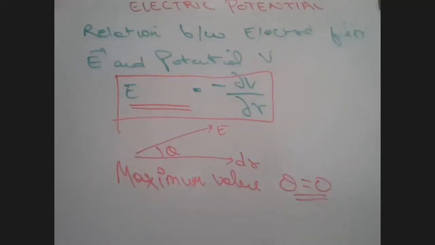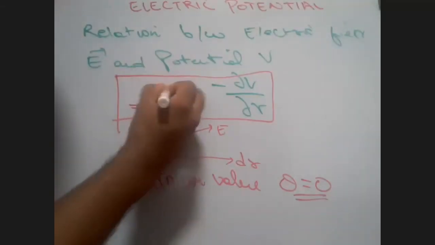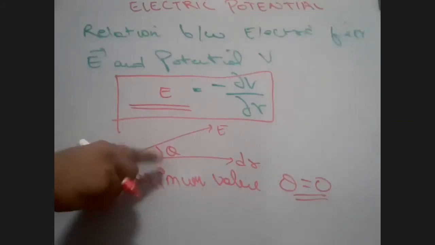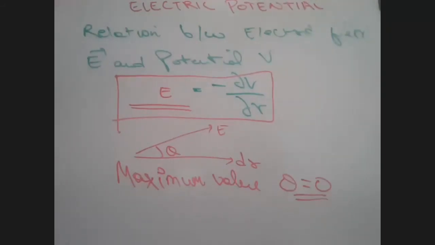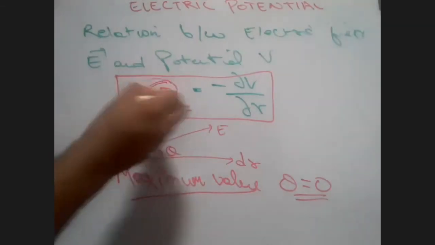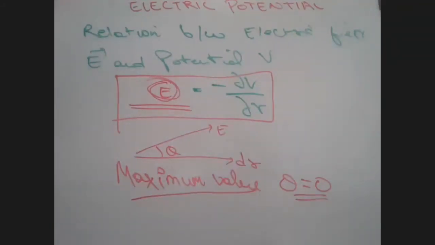If theta is 0, electric field lines are now in the direction of the x-axis, and you get the maximum value of electric field, so the rate of change of potential with respect to distance is also going to be maximum. So always remember, whenever the electric field line is in the direction of the displacement, the potential decreases at the maximum rate. Is that clear?